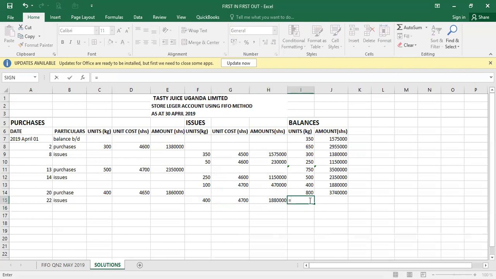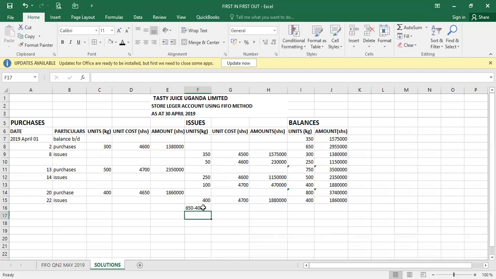We reduce the stock because stock is decreasing, so we have to adjust that to remain 400. Then we have also to adjust our total cost. We remove what we've given out and we remain with what is remaining. So we have given out the 400, but remember we are supposed to give out 650, but we have so far given out the 400.